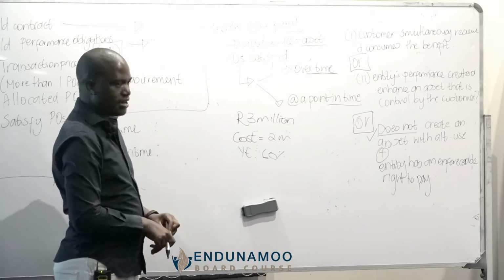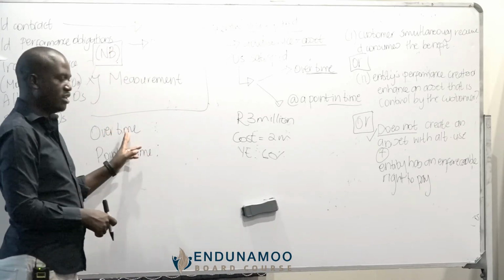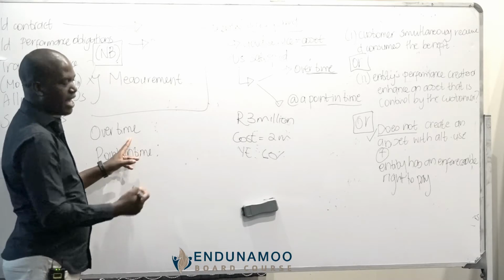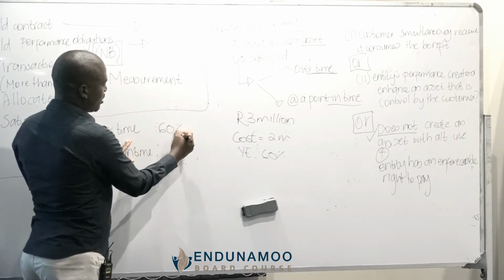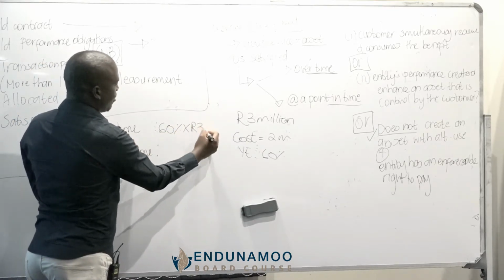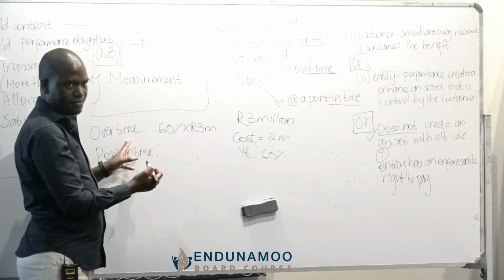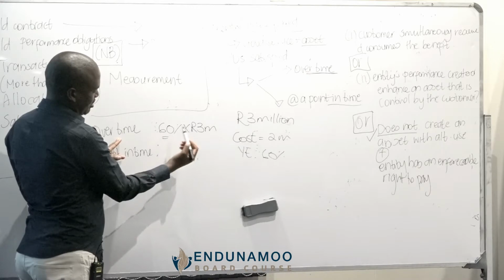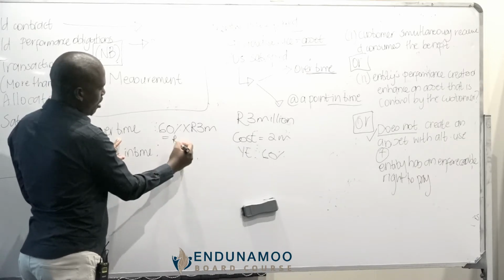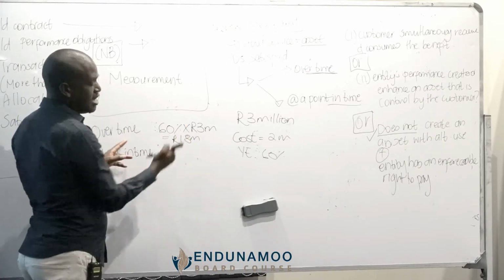If you say revenue is over time, at the end of the year you need to recognize 60% of the total contract price, which actually means that someone will be recognizing 1.8.